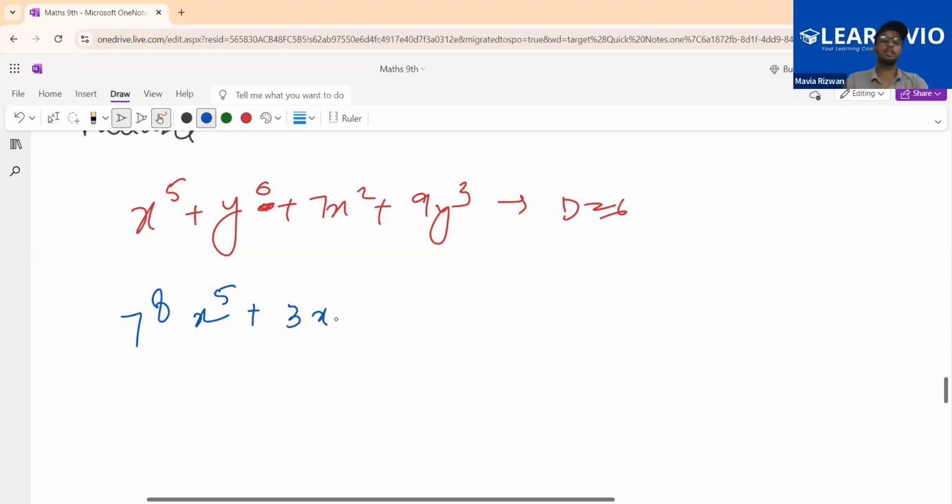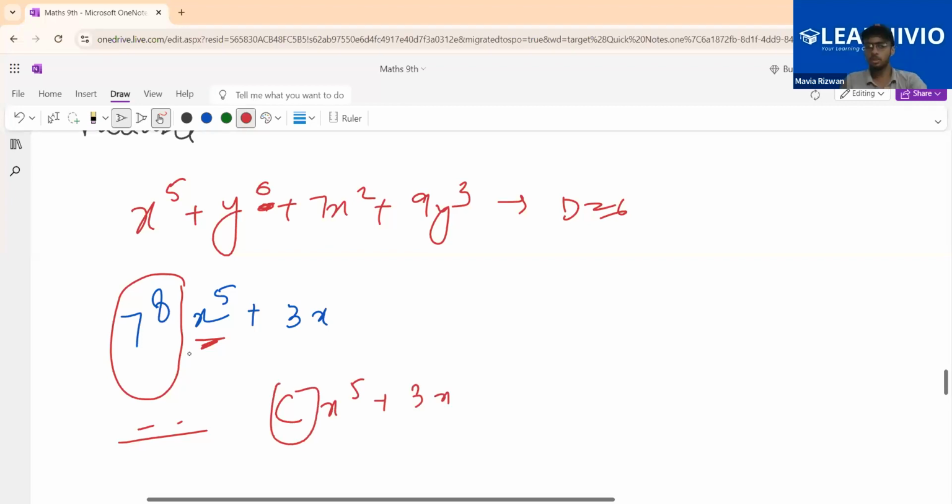See, now the thing is, we only look at the power of the variable, not the constant, right? Why? Because 7 raised to the power 8 can be calculated. So let's assume that 7 raised to the power 8 is some number. I write this constant c x raised to the power 5 plus 3x. Basically, don't get confused by c. I was just trying to say that we only look at the power of the variable, not the number.